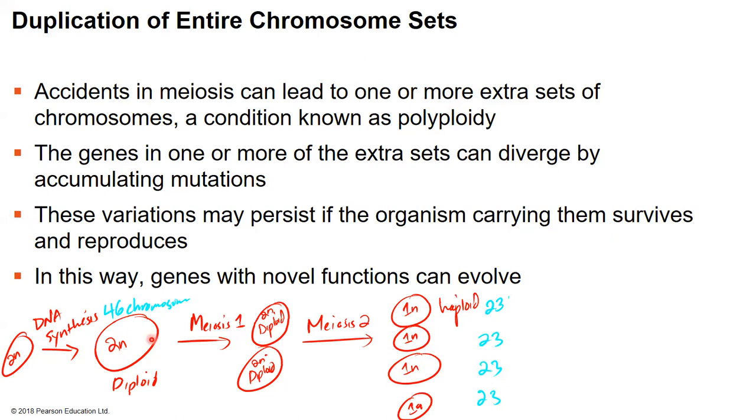Now, polyploidy happens when errors happen during meiosis, and these errors could lead to the generation of gametes having more than one set of chromosomes.